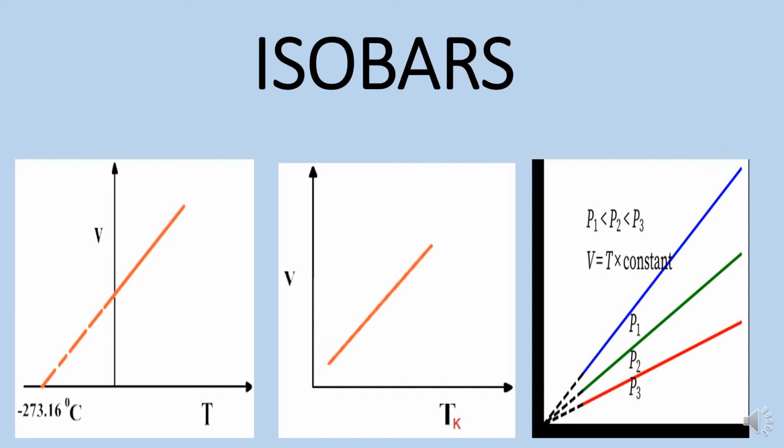Later on, the Kelvin scale was used, and if we obtain a curve between volume and temperature in Kelvin, then the second type of isobar is obtained. And for different pressures, the curves are obtained like the third one.